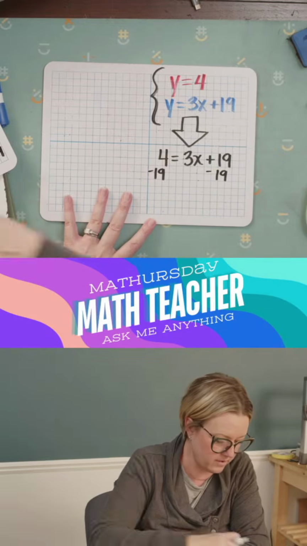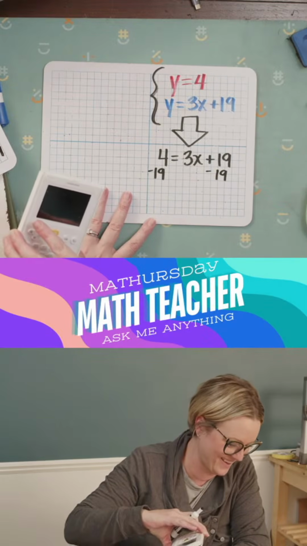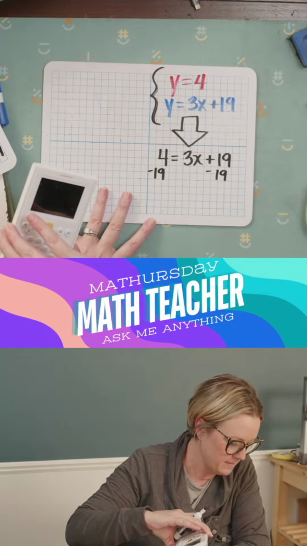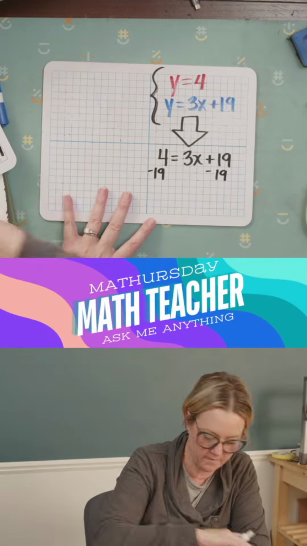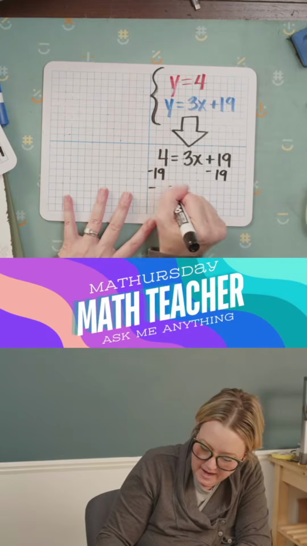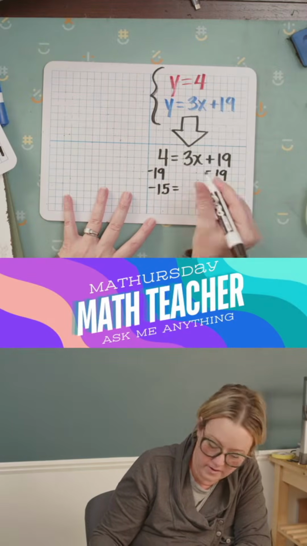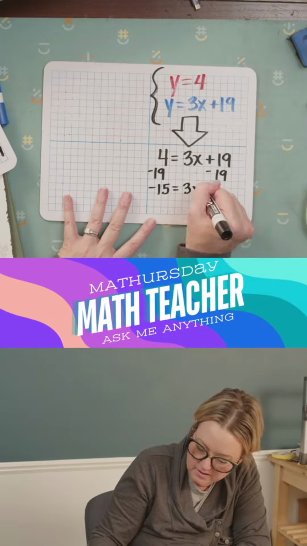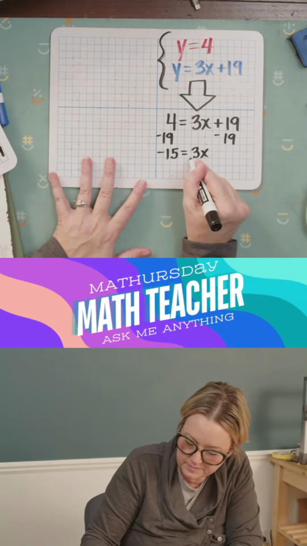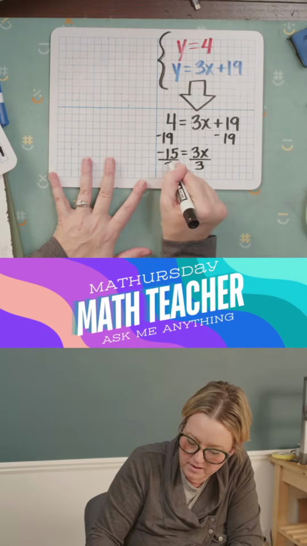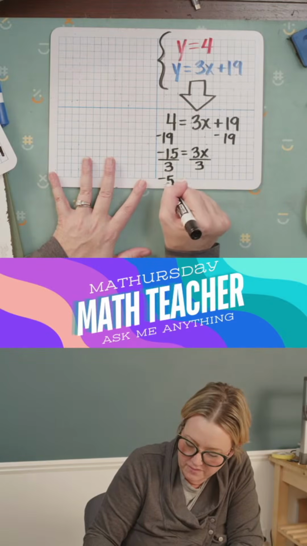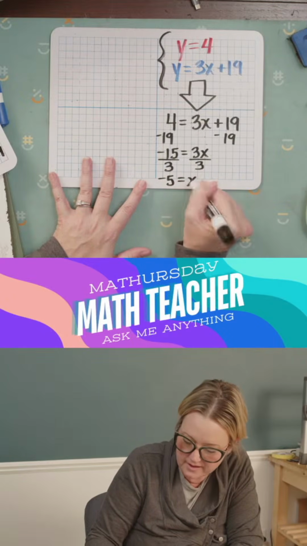Yeah, I did this all right? x plus 6, y minus 1. Yep. Okay. So then this is -15 equals 3x, maybe I did do that exactly right. Divided by 3, which is -5 equals x.